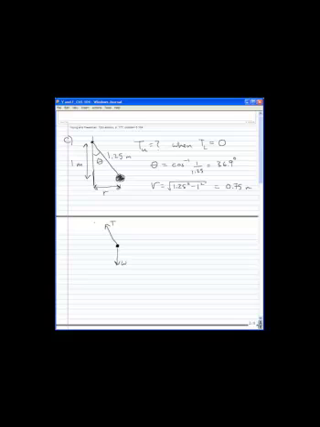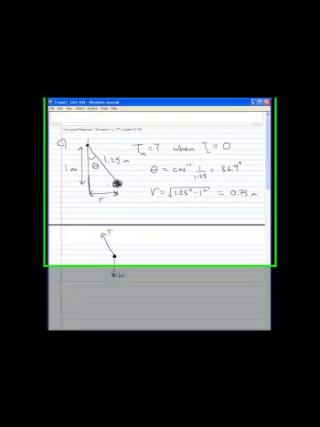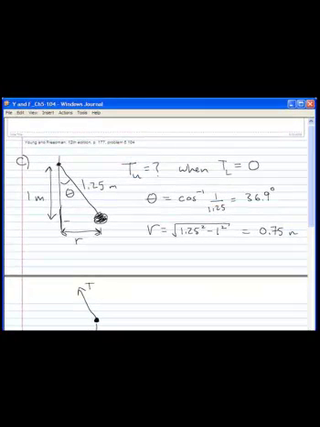In this problem, the acceleration is radially inward. So I want that to be one of my positive directions, and something perpendicular to that to be my other positive direction. I'll call the x direction the direction of my acceleration, and the y direction vertical in this case.